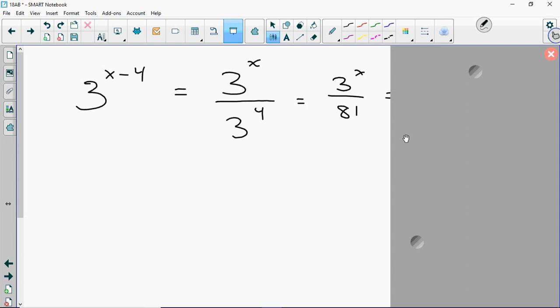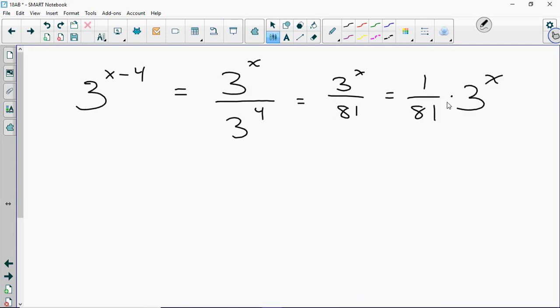And then I can just rewrite this as 1 over 81 times 3 to the x. And this form tells me that it's been vertically compressed to be 1/81st as tall. The point is it's way shorter, right? It's like 81 times shorter. You get what I mean.